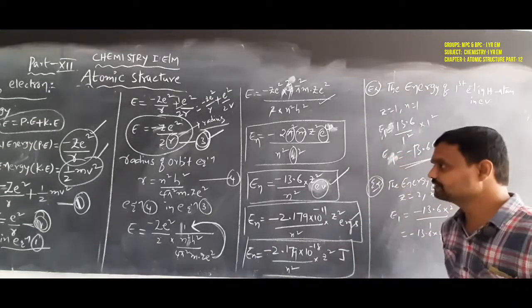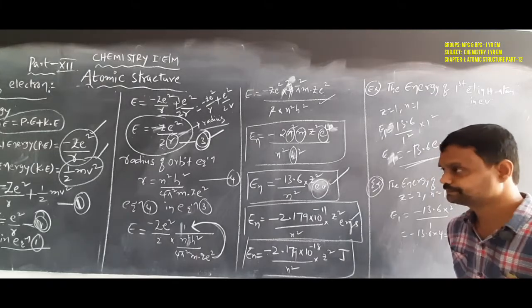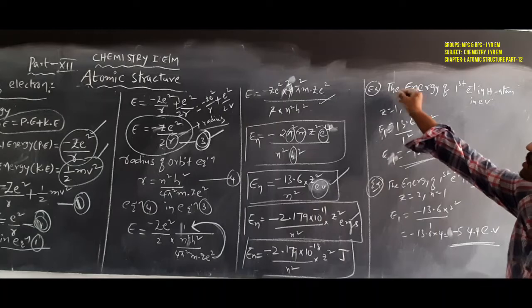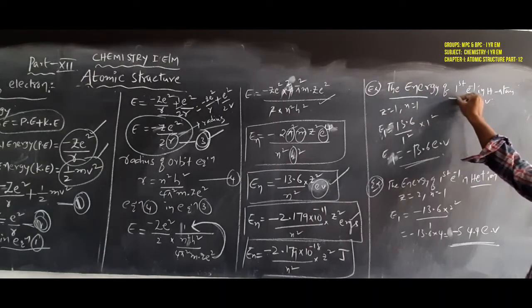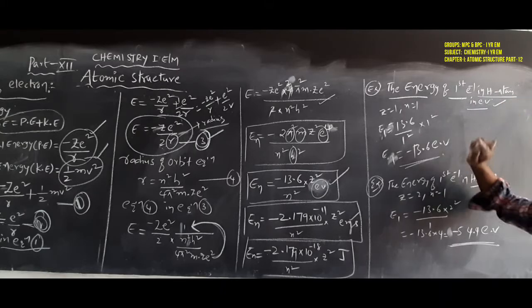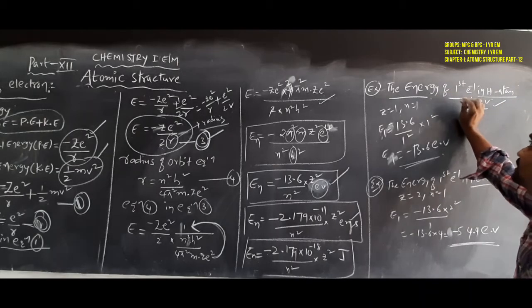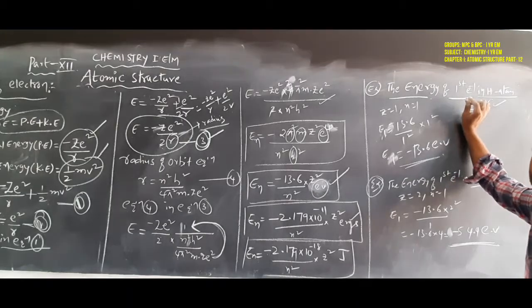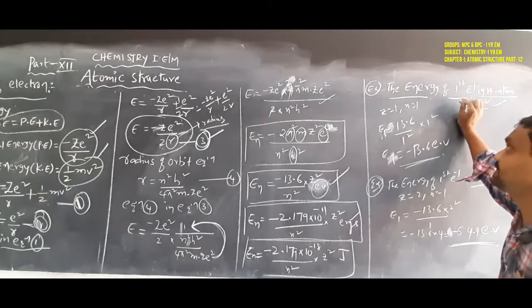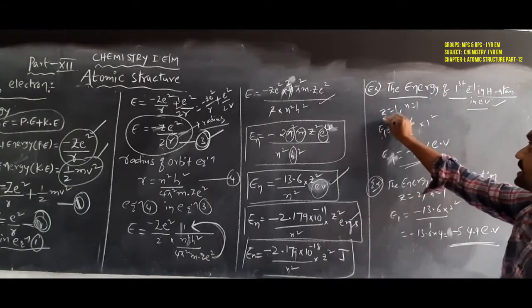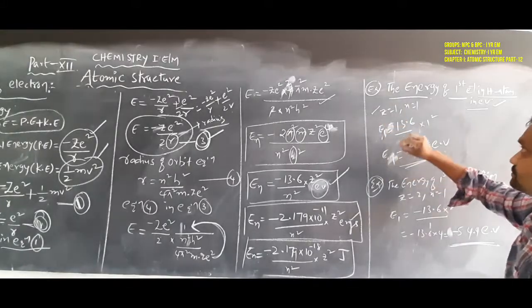For example, let us observe a few problems on the energy of an electron and how they are asked. What is the energy of the electron in the first shell of a hydrogen atom, in electron volts?